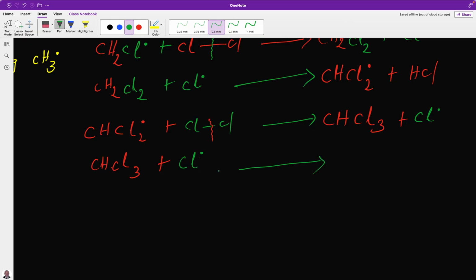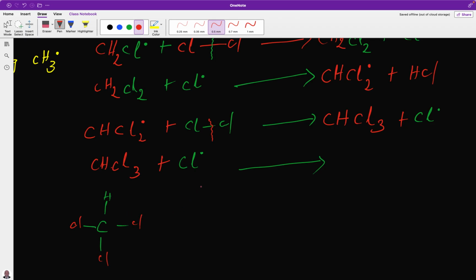Now what happened is that there is, as I said again, a carbon, there's only one hydrogen left, the rest are chlorine. There's chlorine, there's chlorine, there's chlorine. So there must be a CH bond homolytic, there must be the breakage of the CH bond. So what happens? There's substitution.